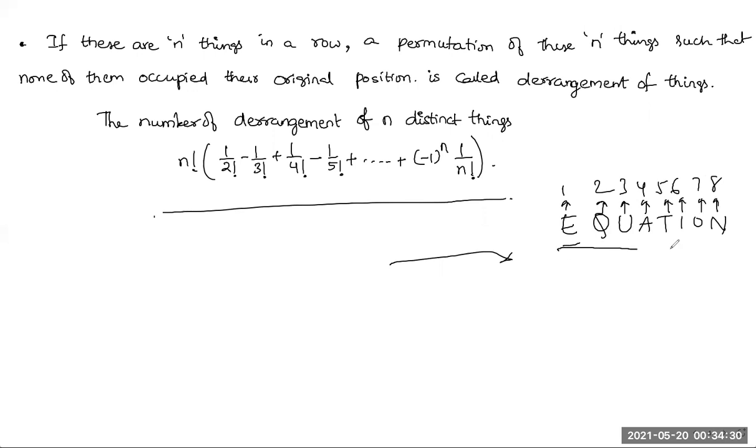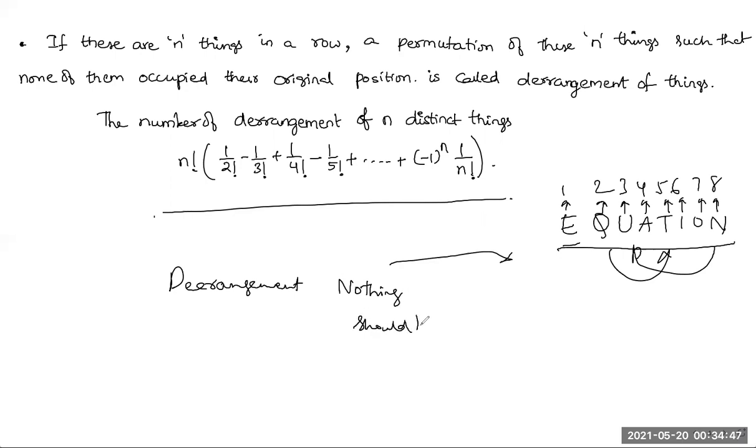So when you are arranging or jumbling these elements like this, what derangement means is that nothing should be in its original position. No element should be in its original position. Okay. That means all these elements are in a certain position in the given word. So after arranging them, they should not be in their original position.